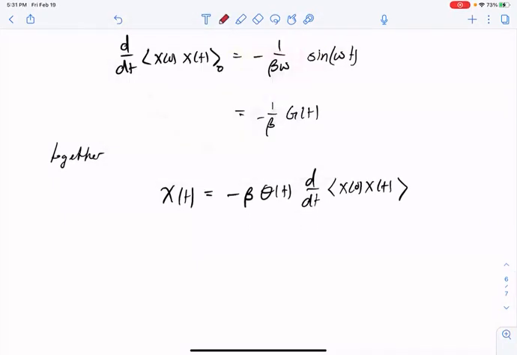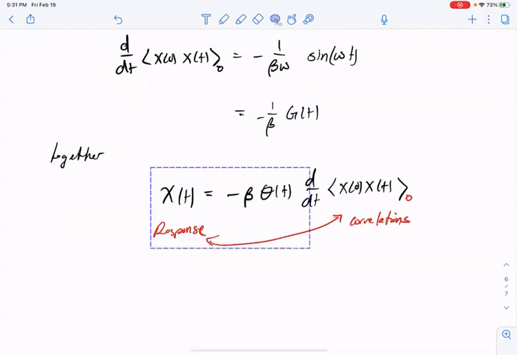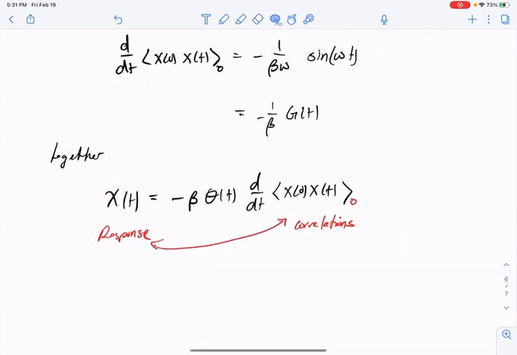So again, we have found that response is related to fluctuations or correlations, in this case, in the absence of the force. This explicit expression is what is actually most commonly referred to as the fluctuation dissipation relationship, or fluctuation dissipation theorem.